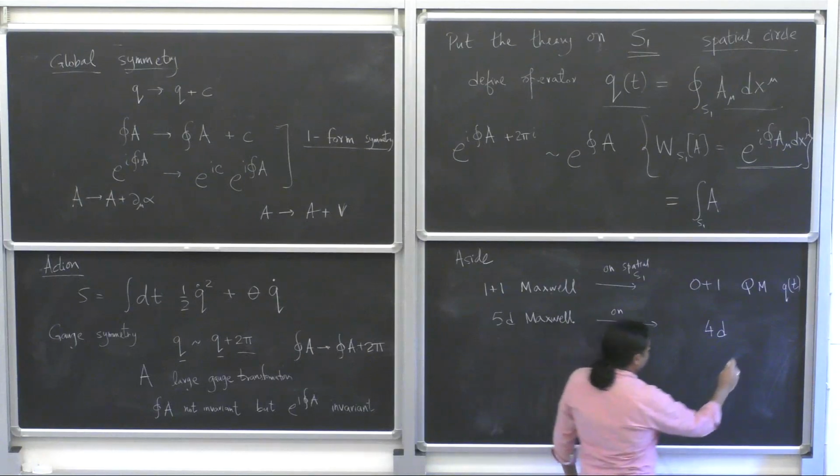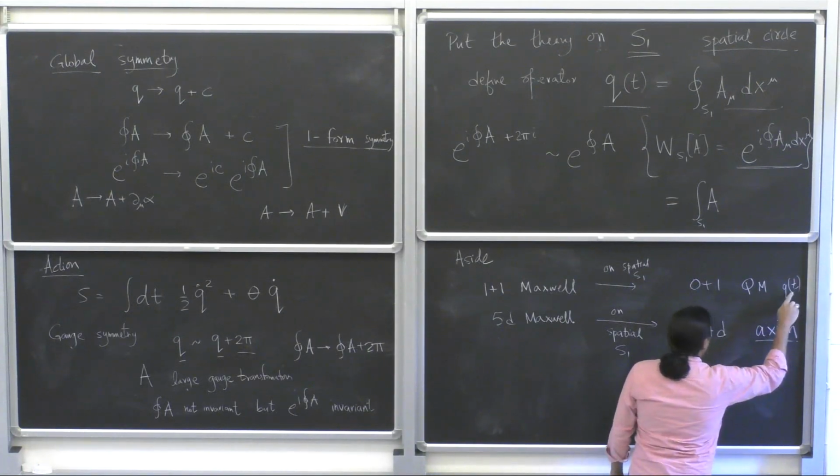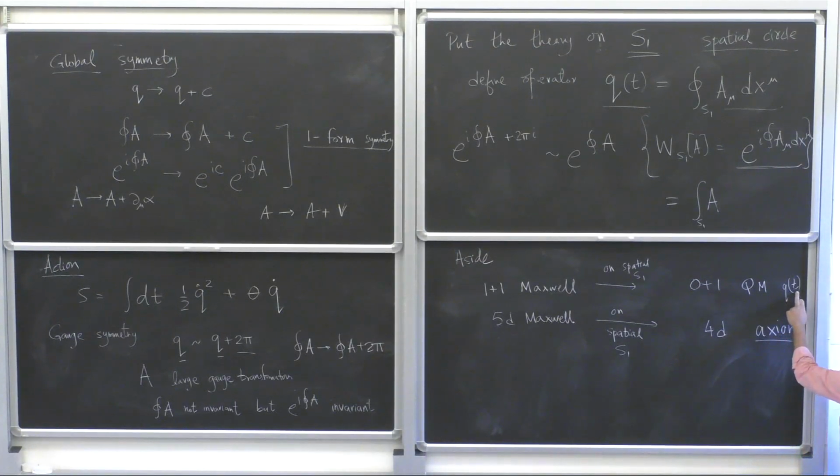And the 4-dimensional field theory you get is the theory of an axion. So the analog of q of t now depends not just on time but on all the leftover variables, x comma t. So it's a scalar field. That scalar field is the axion.